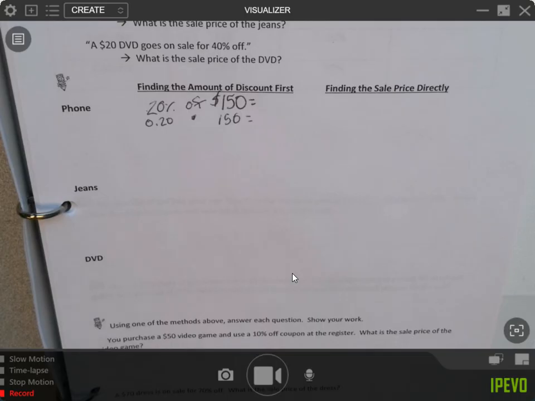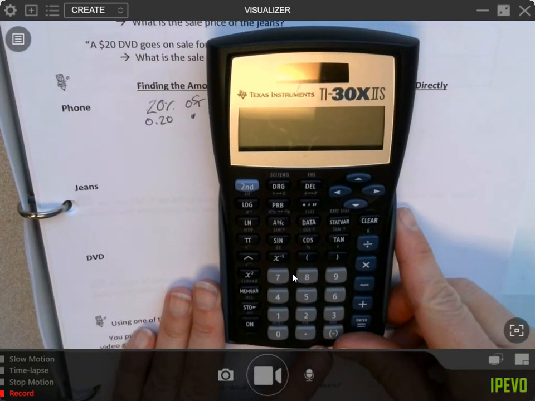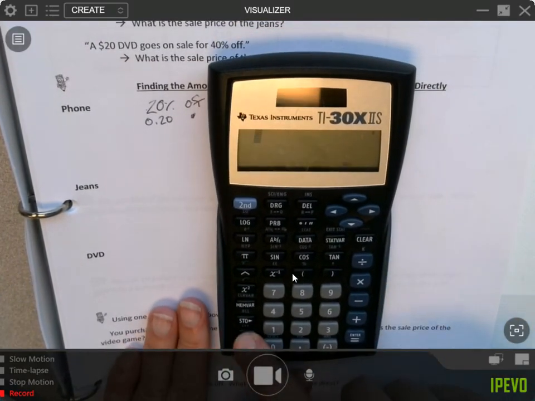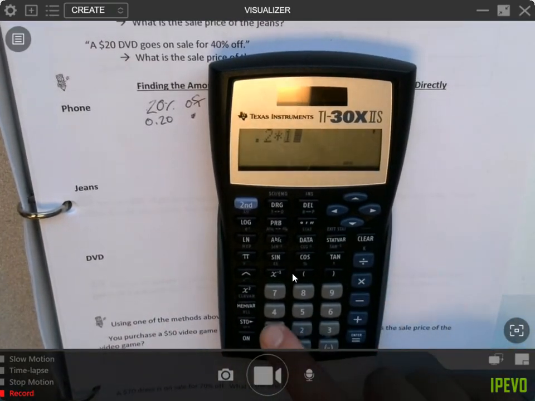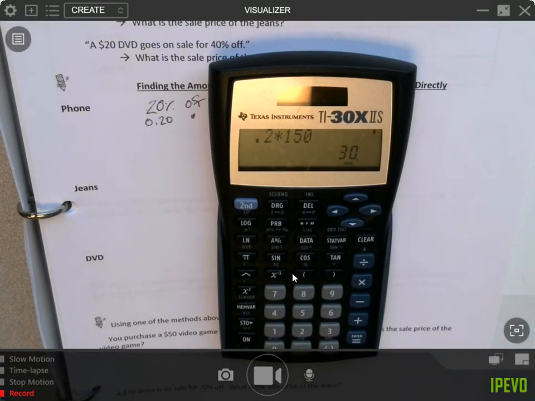So if we do 20%, 0.2 times 150, it's not going to be 3, it's 30. So I'm not sure what you did wrong. Did you do 0.02? Did you do 0.2 times 150 or times 15? I don't know how you got 3. It should be 30. Try it again. 0.2 times 150.